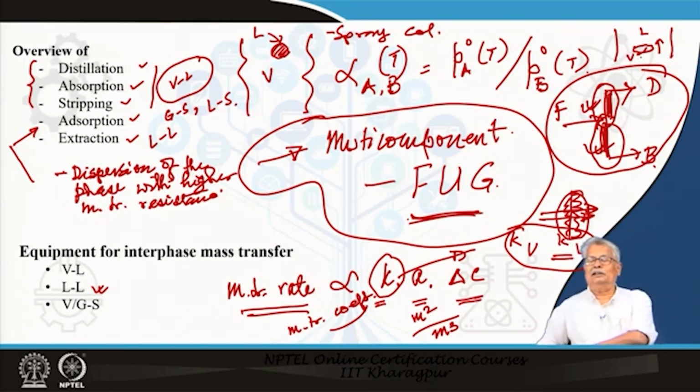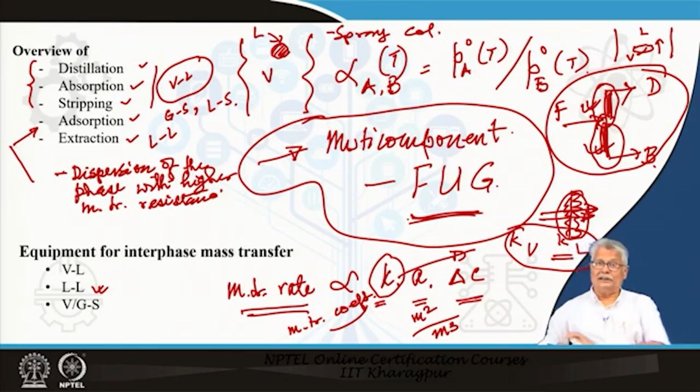Now, when do you do it? When you know that your resistance lies in the vapor phase. So, depending on which phase the resistance lies, that particular phase you think should be dispersed, because it will reduce your diffusion length, and that is how you choose the nature of mass transfer equipment.